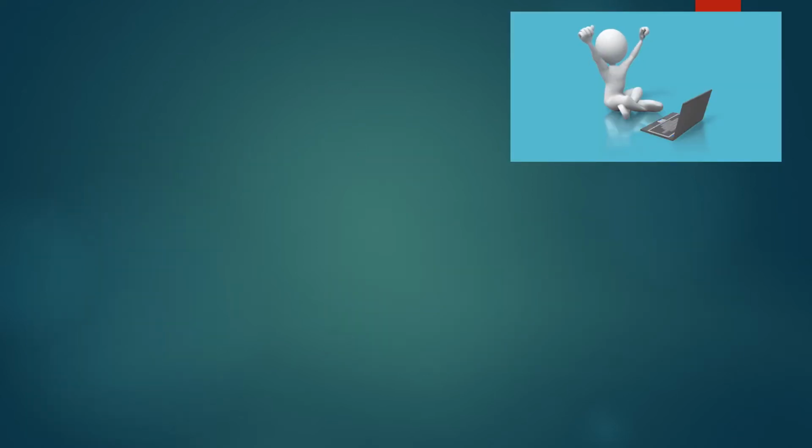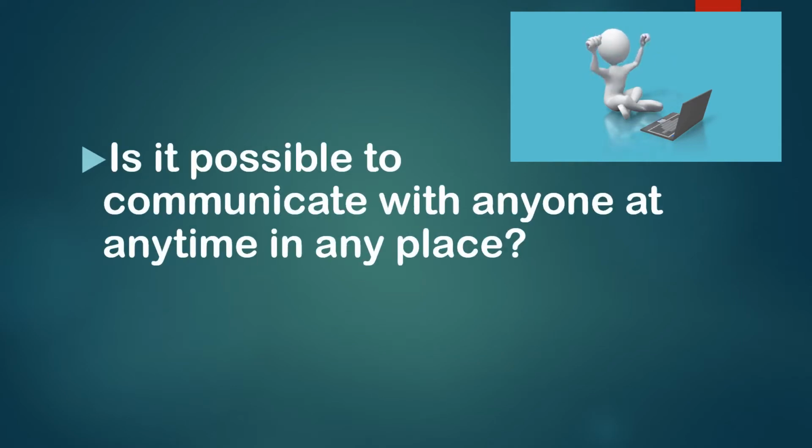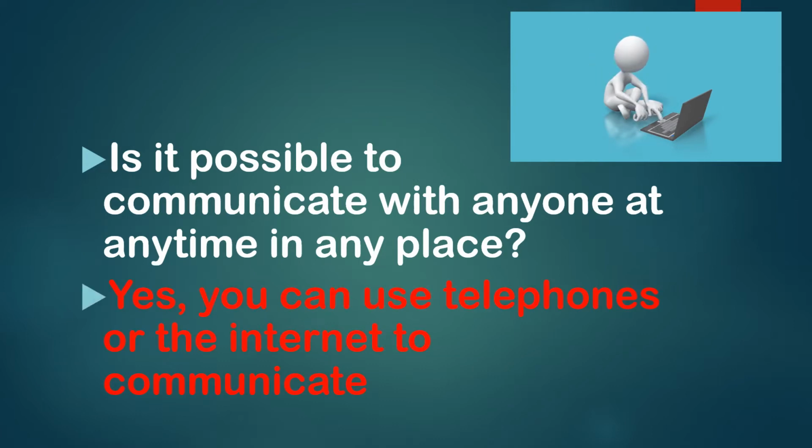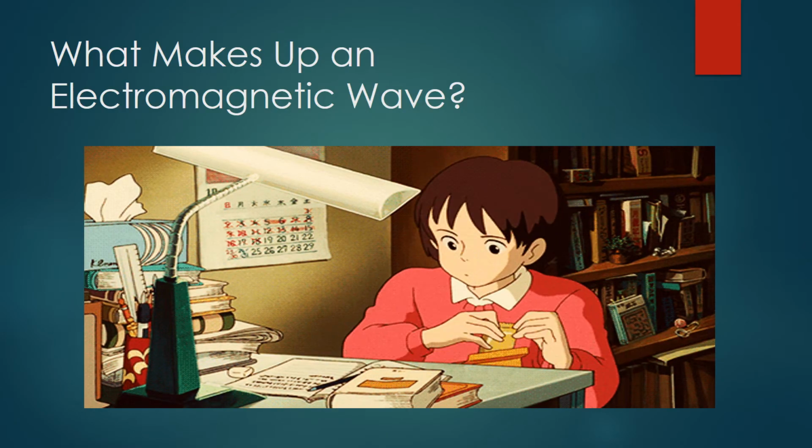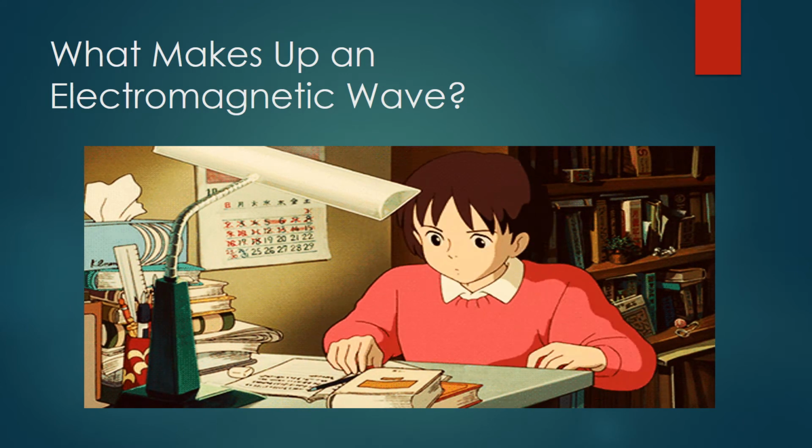So after reading the blog of Justin, is it possible to communicate with anyone at any time in any place? What do you think? Of course, it's yes. You can use your telephones, your cell phones, or the internet to communicate with others. So what makes up an electromagnetic wave?